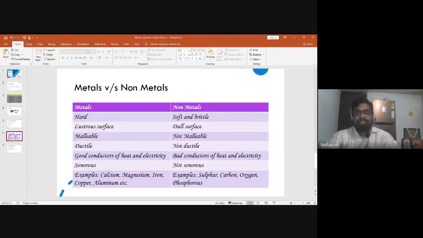You will be able to find it out just by tapping, because see, I have a metallic geometry box here, and I have a plastic box, my spectacle box. So I have a pen with me. This is the sound given by metal. This is the sound given by non-metal. So definitely, easily I can identify.